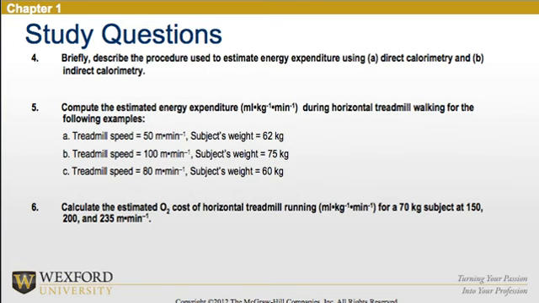And finally, treadmill speed 80 meters per minute, subject's weight 60 kilograms. Next, please calculate the estimated O2 cost of horizontal treadmill running in milliliters per kilogram minute for a 70 kilogram subject at 150, 200, and 235 meters per minute.